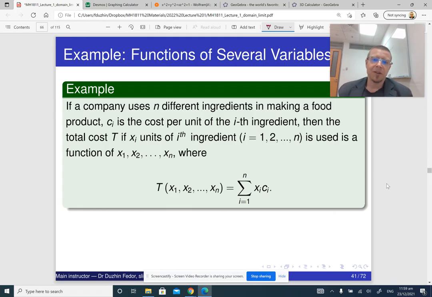If you have different ingredients in making a food product, then in order to compute the cost per unit, you just add costs for all the products together, multiply by the quantities of all of the ingredients, and then you get the resulting cost of the resulting product.